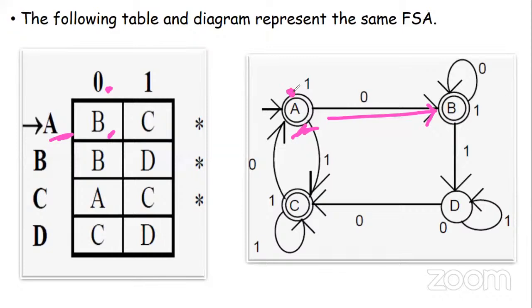You are at A, you receive a 0, you move to B. Now, one thing is a bit confusing on this diagram.